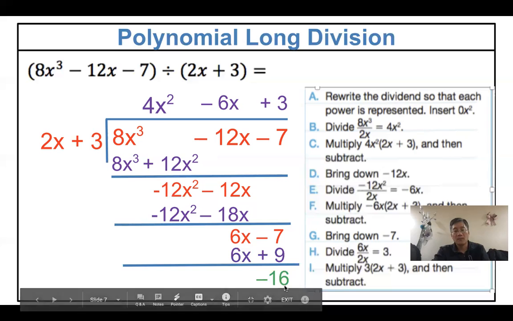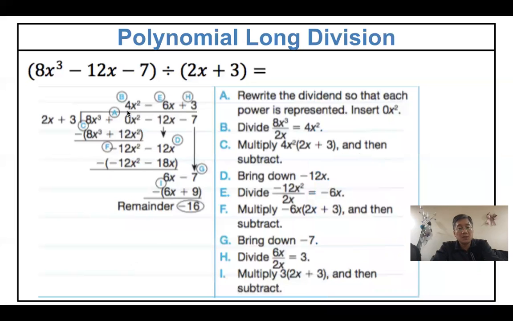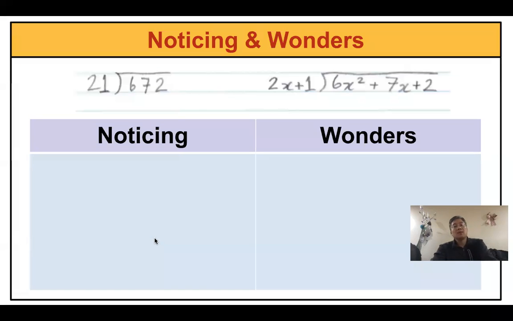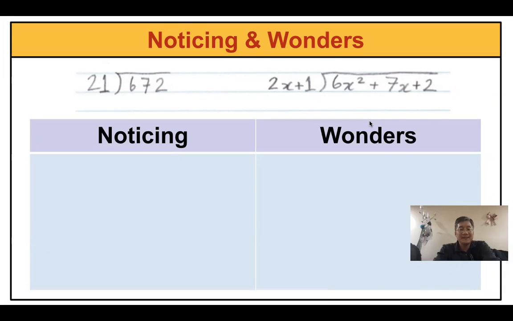Does everybody understand? Again, this is the quotient, this is the remainder, right? So now, I believe you know how to do integer division and polynomial division. What do you notice here? Can you figure it out?